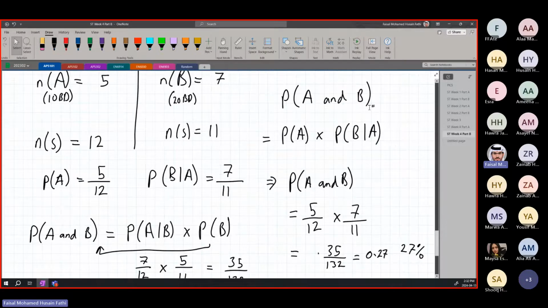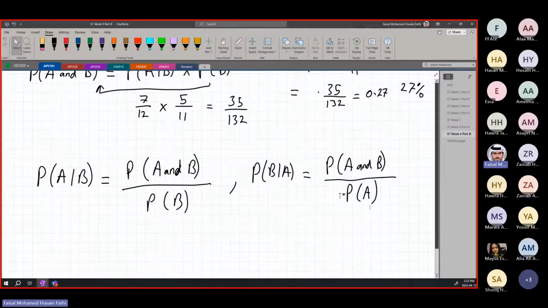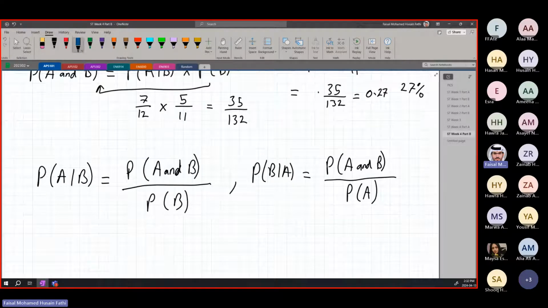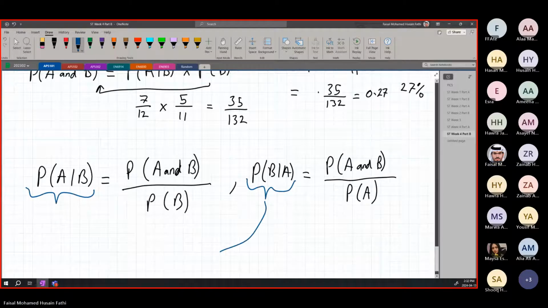This formula, which is P of A and B is equal to P of A times P of B given A. So this is what we will call conditional probability. This is how you will find conditional probability. All right?